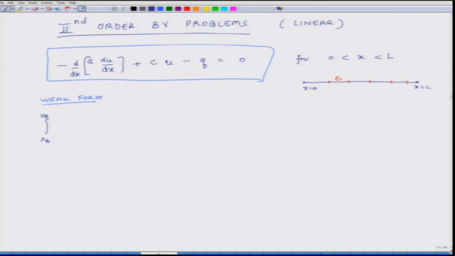The weak form is the integral from xa to xb of a du over dx times dw over dx, plus c u w, and this equals the integral from xa to xb of q times w dx, plus w a du over dx evaluated between xa and xb.